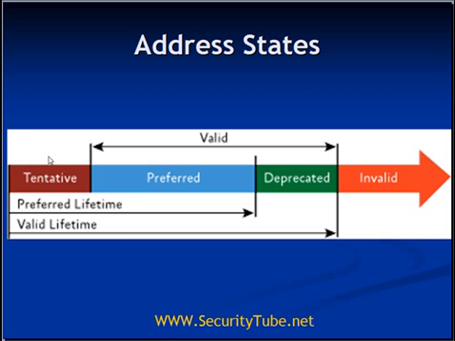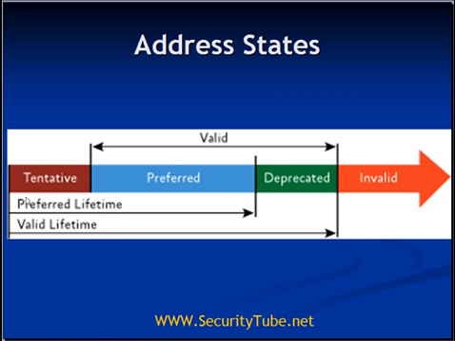So when auto configuration is just over and the address is assigned to the interface and currently the IPv6 stack is finding out whether that address is unique or not with the neighbor solicitation messages, the address is called a tentative address. So when the address is tentative, the duplicate address detection, commonly known as DAD, state is being verified.